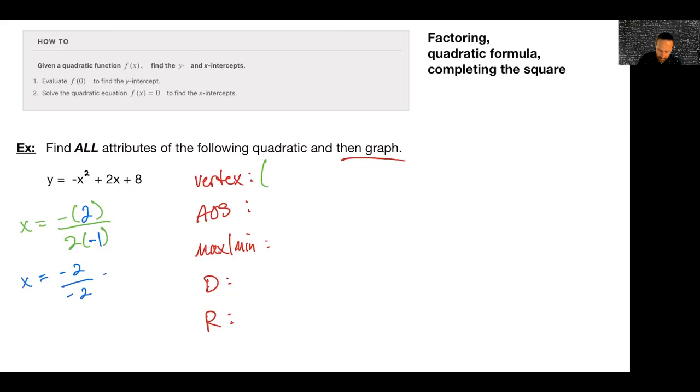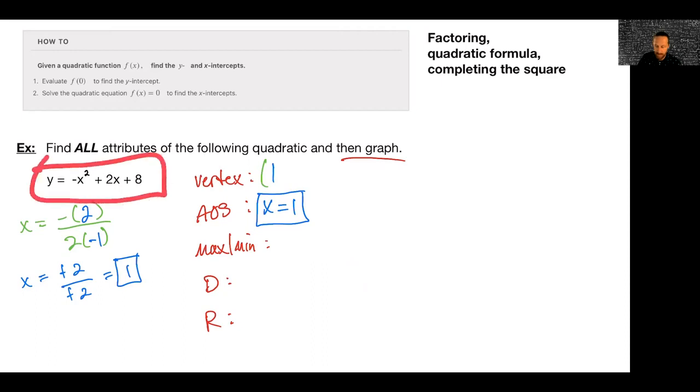So we just found that our x is positive 1, which actually gives me 2 things. It gives me the x of my vertex and the line of symmetry or axis of symmetry as the equation that it is. So now all I got to do, since I know what my x is, I will have to find what my f of x or y value is by simply plugging it in.